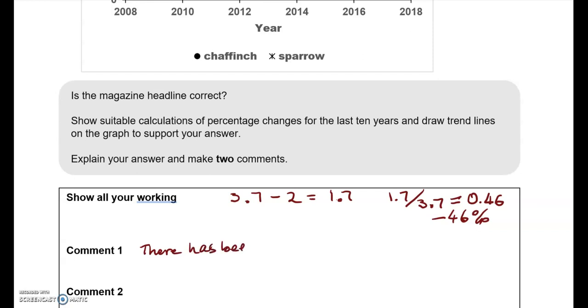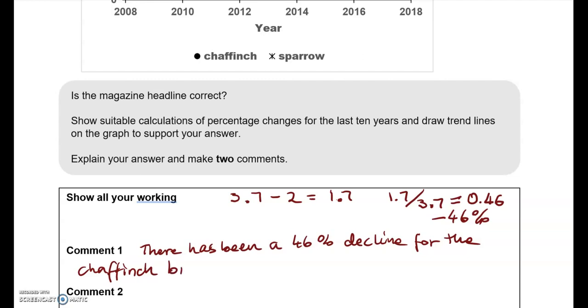There has been a 46% decline for chaffinch birds in the last 10 years.